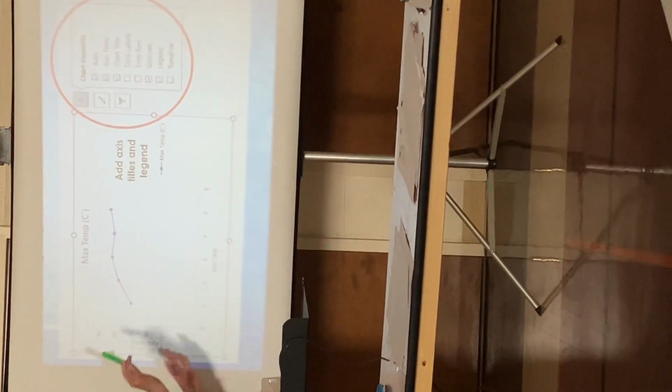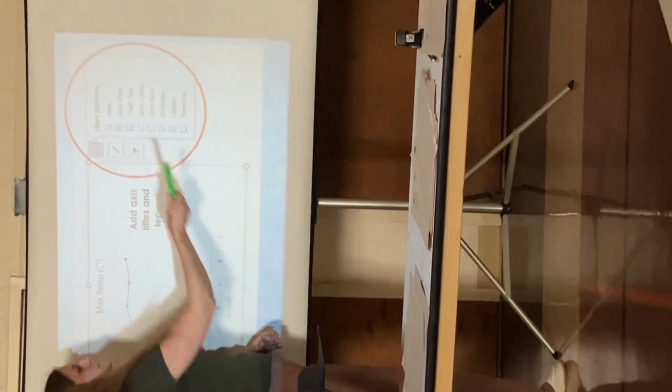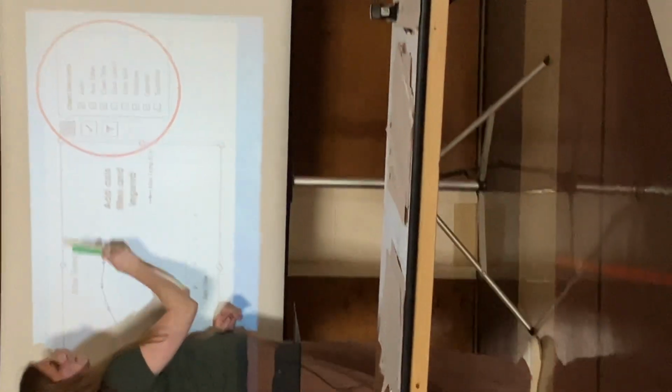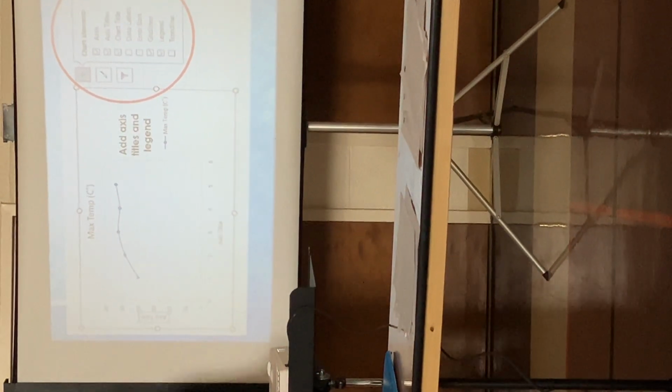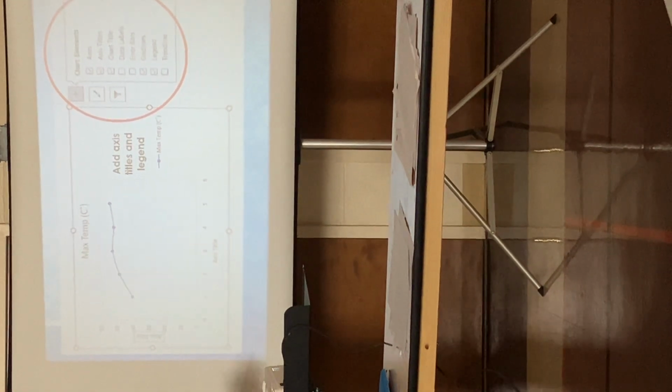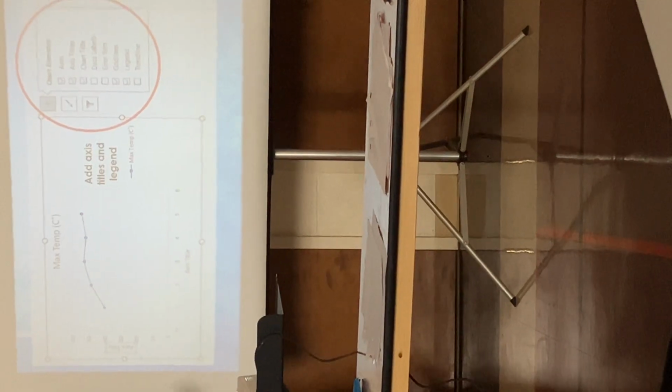Once you get it, you can add a trend line earlier on or at this point. You will add axis titles, chart title, and a legend, I like a legend. For the axes, you can adjust the range. This one goes 0 to 6, but I could have had it start lower if all my data was skewed.